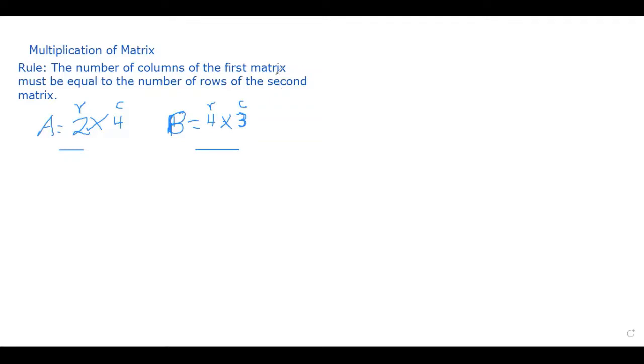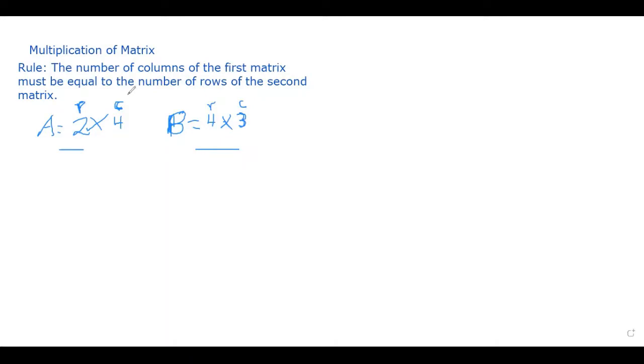Okay, so we are saying that the number of rows come first, the m by n, and the number of columns are the second one. So the rule is saying that the number of columns of the first matrix must be equal to the number of rows of the second matrix.